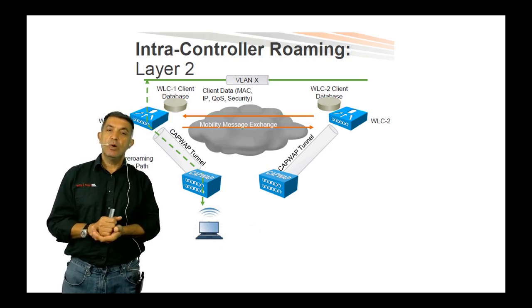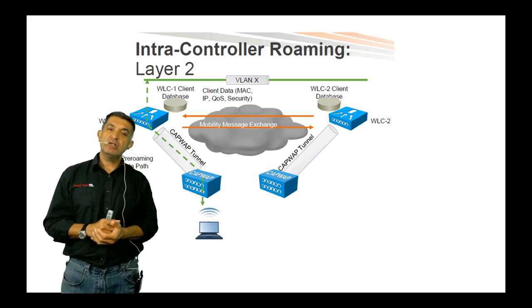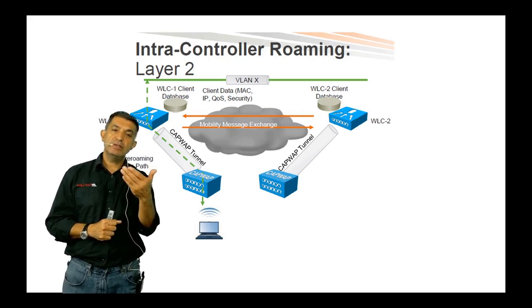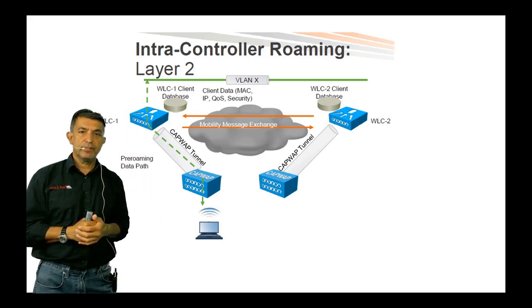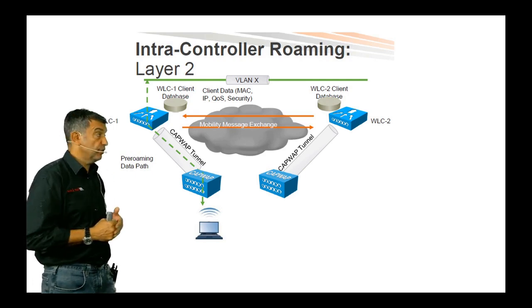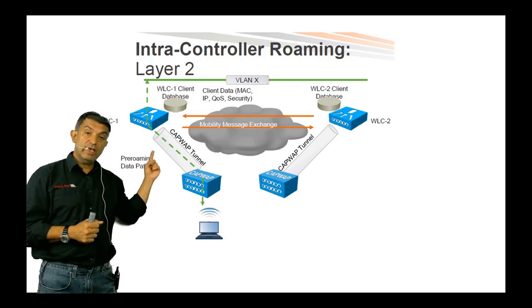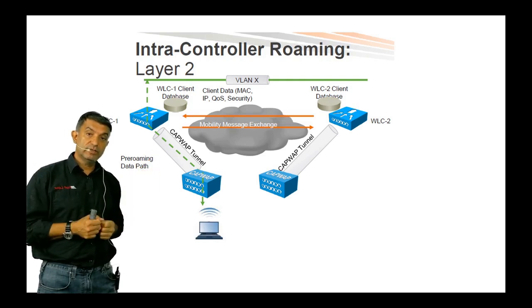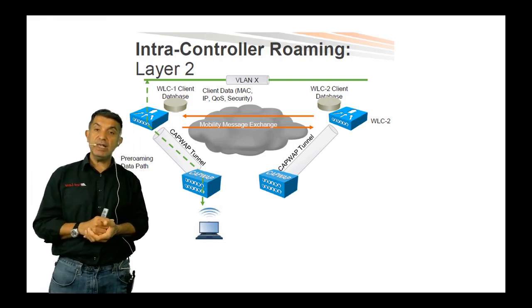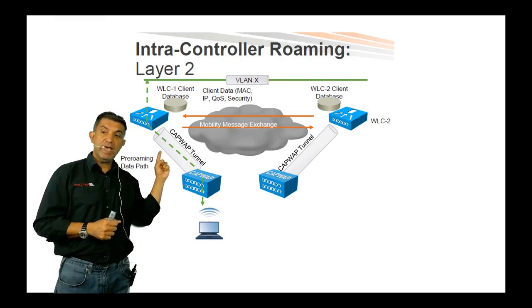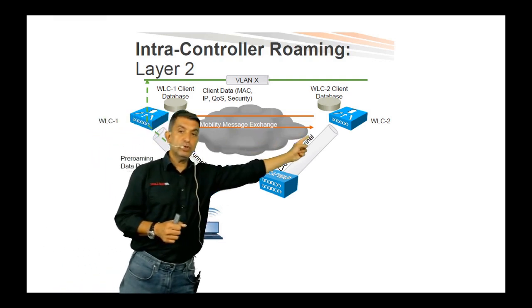What is important to take care of in a layer 2 intra-controller configuration? Okay, the same SSID, of course, but also the same VLAN. The virtual LAN should match on both controllers.